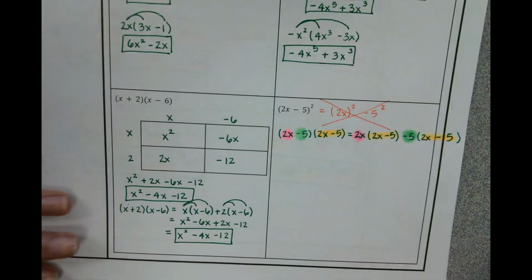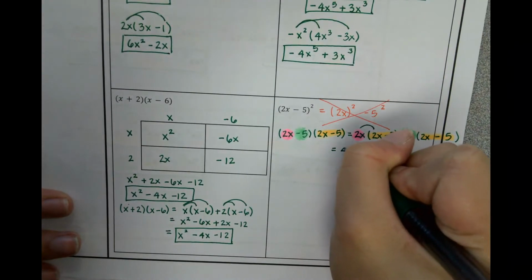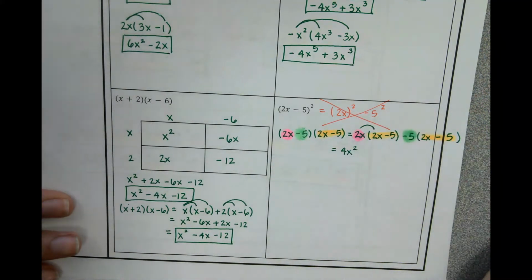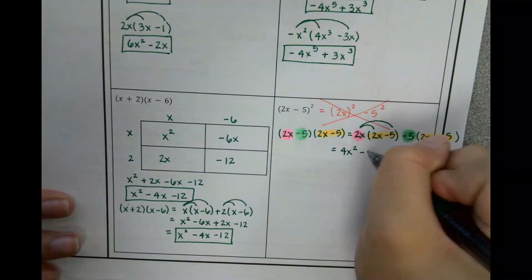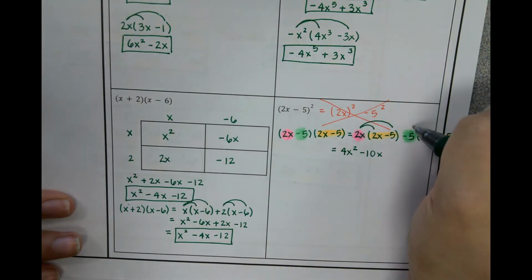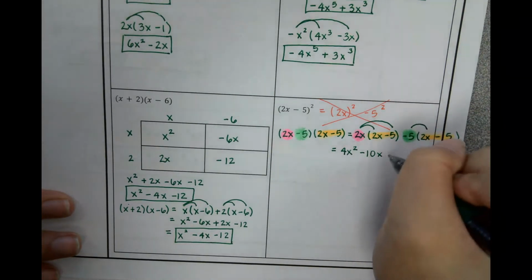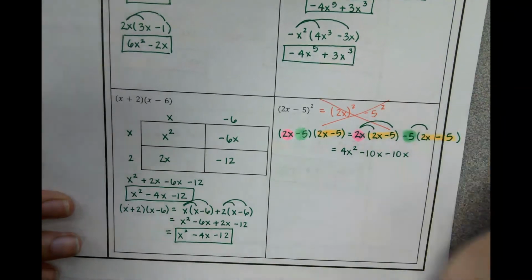Okay, so I'm going to distribute now. So 2x times 2x is 4x squared. 2x times negative 5, 2 times negative 5 is negative 10, so negative 10x. Okay. Then distributing this one, negative 5 times 2x, negative 5 times 2 is negative 10, so negative 10x.